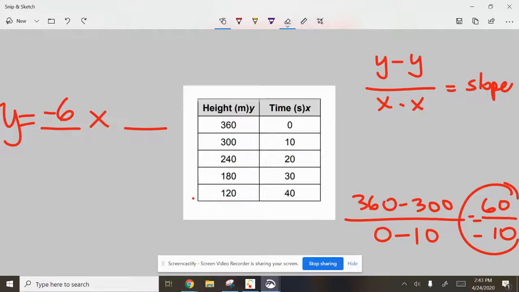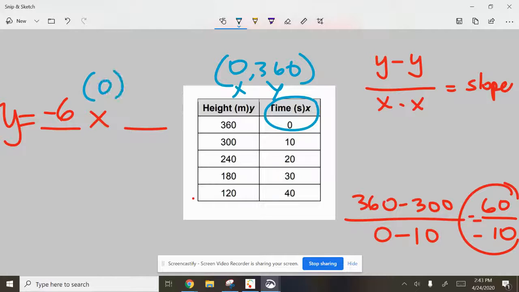So how do we find our y-intercept? We did this with the scatter plot lessons, if you were paying attention for those. Pick any point you want. And guess what? I'm going to keep it real easy. I'm going to put that 0. So this point's actually 0, 360. The way we're used to looking at it, x, y, this actually should be in reverse. And where would I put the 0? Where the x is. And where would I put the y?